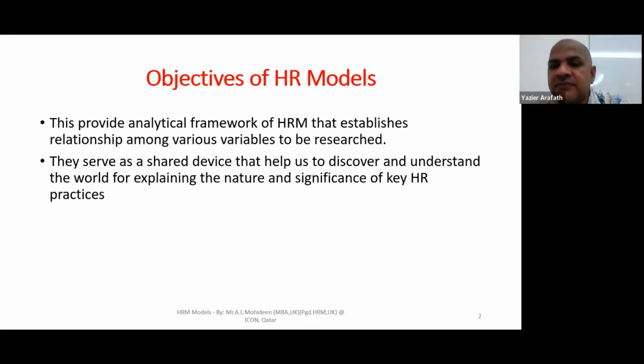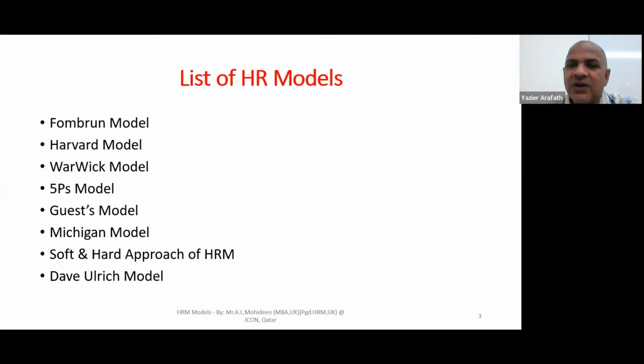What are the key HR practices we focus on under our functions? We discuss them under this framework, the framework we need to run our HR efficiently and effectively.